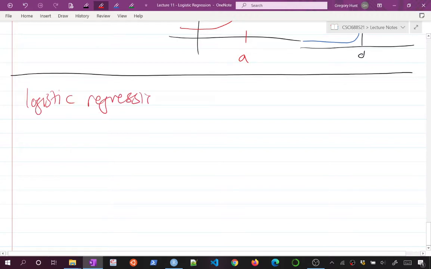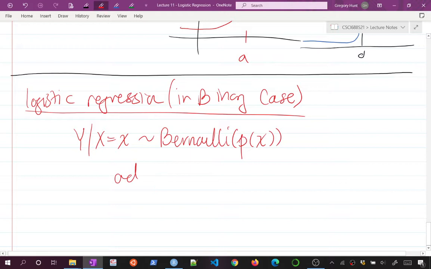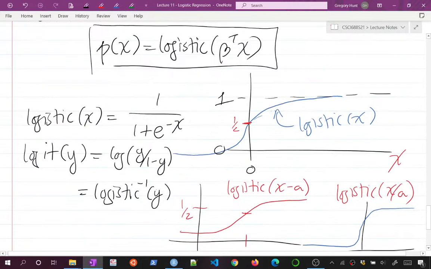Logistic regression in the binary case. The class label y we observe, given our data, comes from a Bernoulli distribution, where the probability depends on what x we observed, and p of x is modeled as 1 over 1 plus e to the negative beta transpose x, or equivalently logistic of beta transpose x.